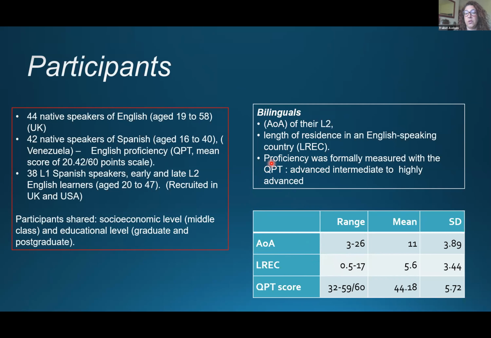And the scores gave us that their proficiency was between advanced intermediate and highly advanced. I have to say that these speakers were all living in an English-speaking country by the time they were tested, and they were recruited in the United States and in the UK.